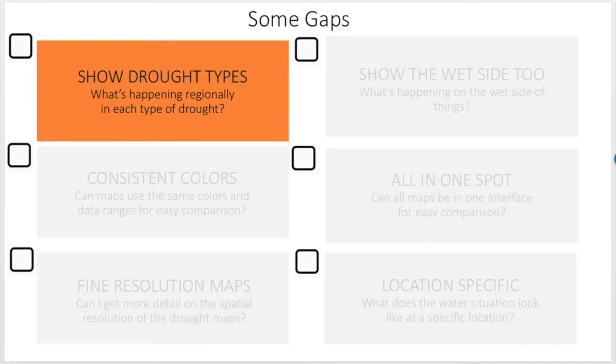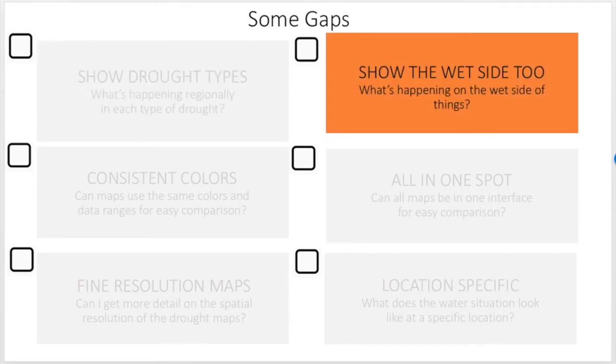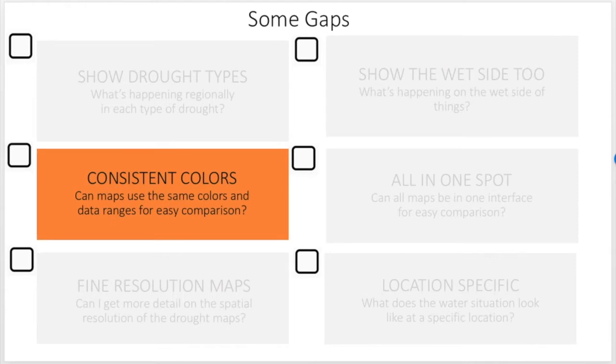So as you've seen, there are some gaps in how we currently look at drought. It'd be nice to see more of a focus on drought types, as these may have greater relevance to certain stakeholder groups. In addition to the dry side of things, it'd be nice to see the wet side too, as it's important to the overall story. And then for ease of comparisons, maps with consistent colors and data ranges is ideal.